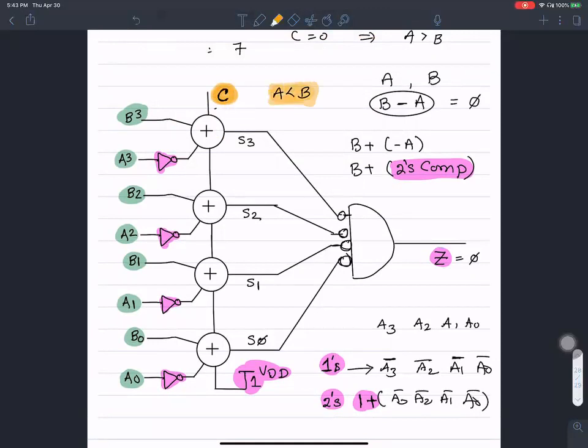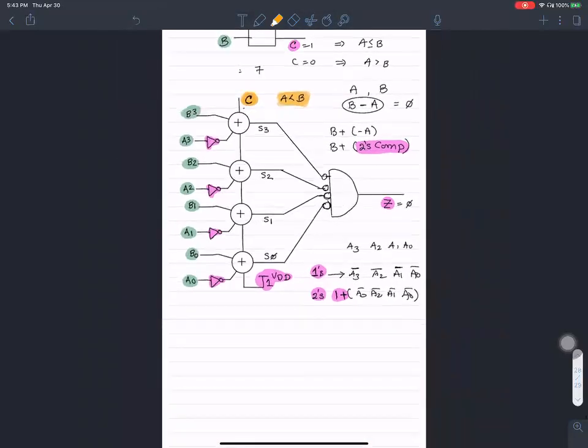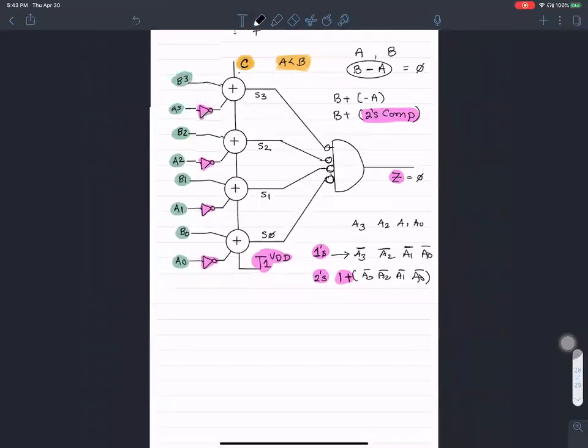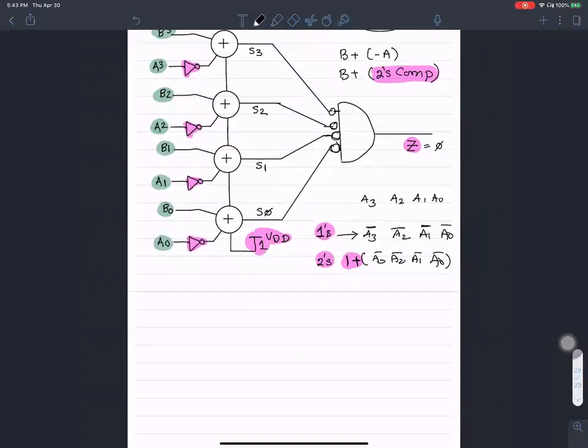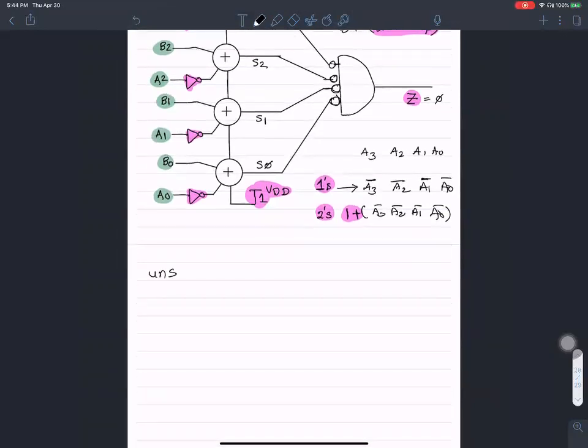When A is less than B, there's going to be a carry signal when you do B minus A. That's the fundamental logic we are trying to understand here. You can now elaborate this further and tabulate the idea of an unsigned comparator.